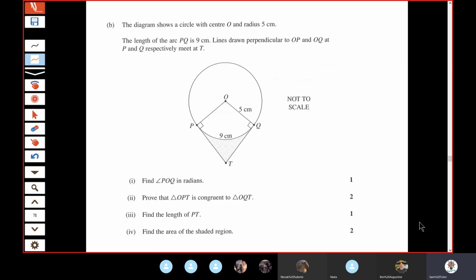Draw it out, and don't overthink it. Maybe I might help you guys by writing your formulas. I can see you need your arc length, which is L equals r theta, and you need your area eventually, I think in part IV, which is half r squared theta. That's all I'm going to give you for now.